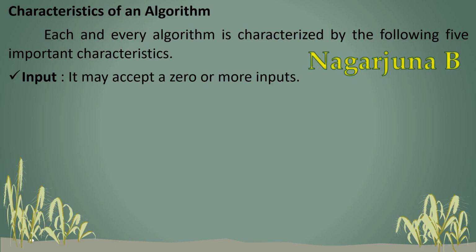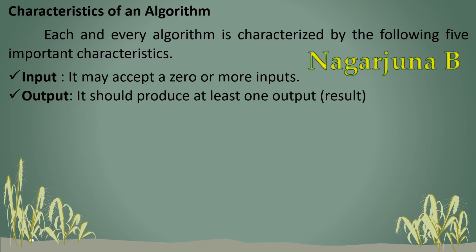In a few problems it may take input, and in a few problems it may not want any input. So the input it accepts may be zero or more inputs. More inputs in the sense it can be 1, 2, 3, 4. It depends upon the problem for which the algorithm has been written.